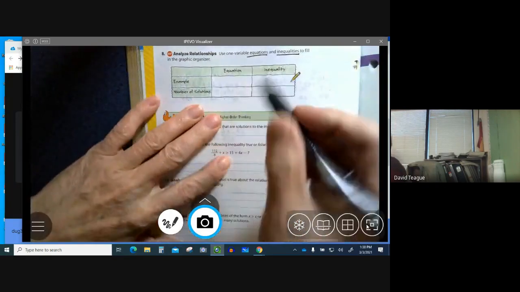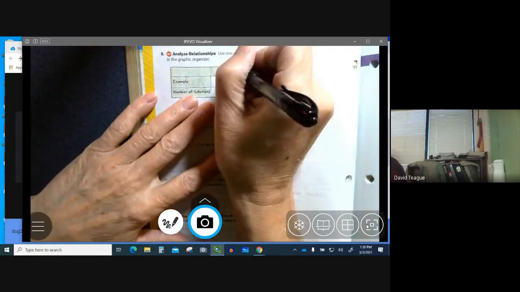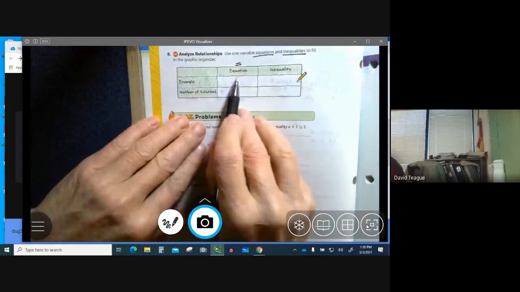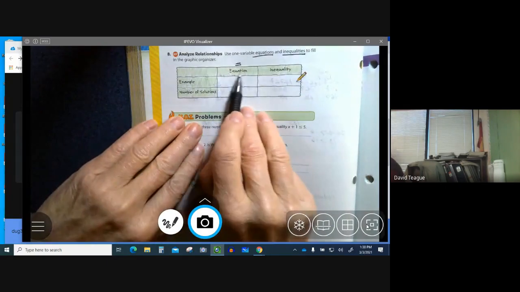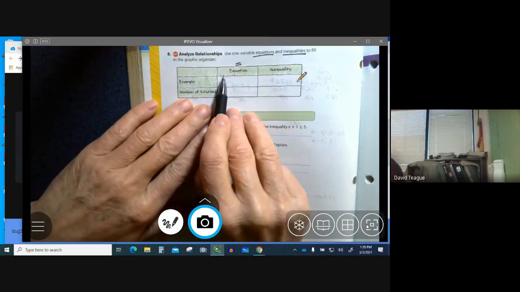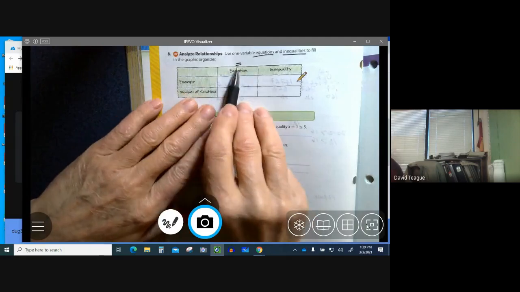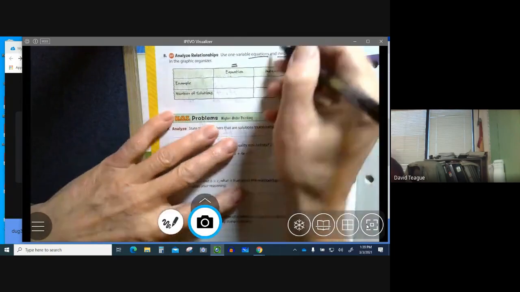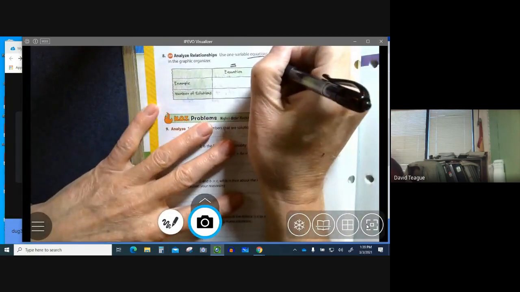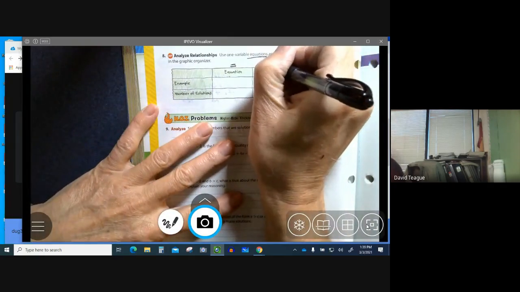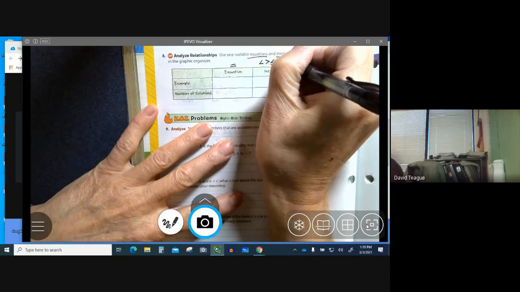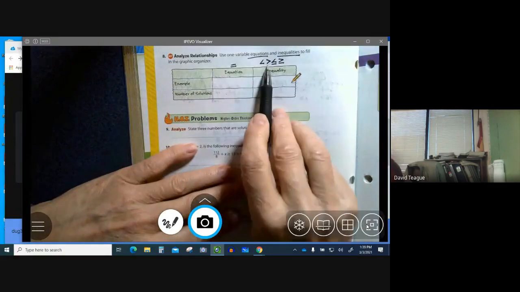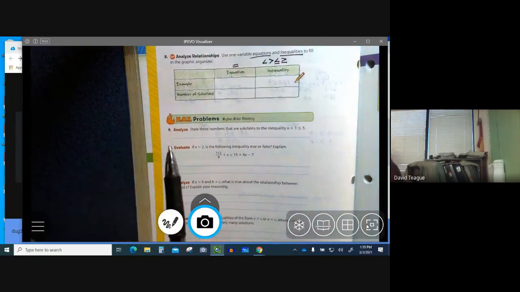Okay, and an equation is a mathematical expression that has an equal sign in it. Okay, and that's where part of the word comes from, equation. Part of it is equal. So a mathematical expression with an equal sign is called an equation. And an inequality has one of the 4: less than, greater than, less than or equal to, or greater than or equal to. If you have one of these 4 signs, that is an inequality.